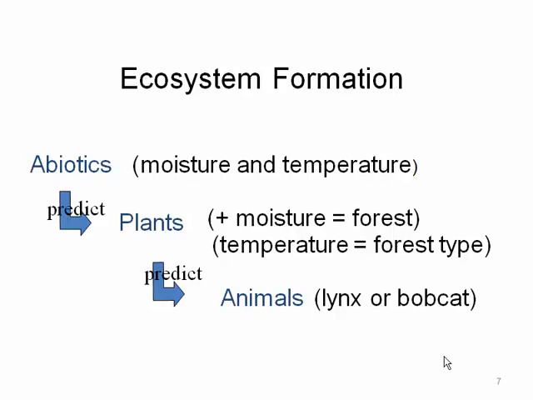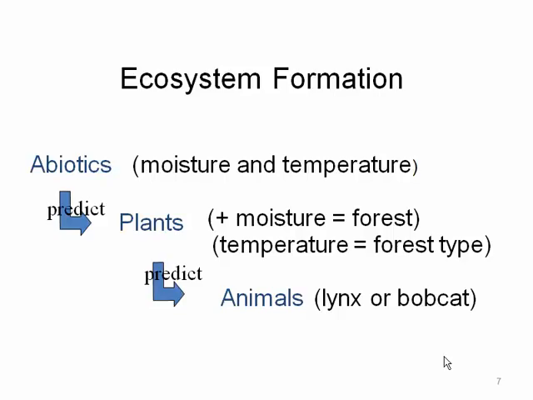In this case, if you get a particularly moist climate, then you'll get a forest as opposed to, say, a grassland or a desert. And depending on the temperature, you'll determine what type of forest it is, whether it's a conifer forest or a deciduous forest or so on. And the plant community largely predicts the animal community or the animal populations present.